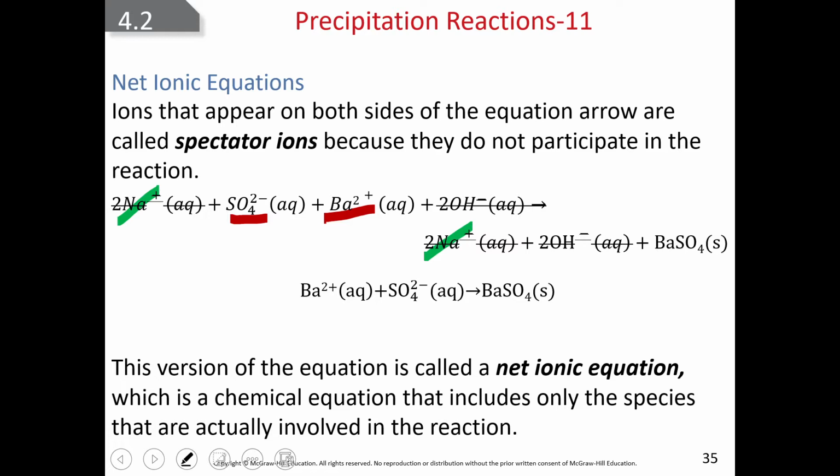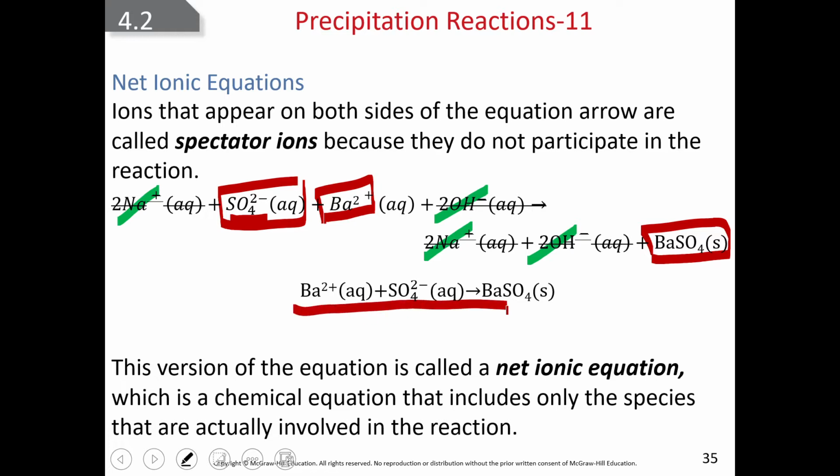There's no individual barium ion on the right-hand side, so it stays. Hydroxide, there's one hydroxide. Here's another hydroxide, both on the left and the right-hand side of the equation. So those go away. They cancel out because they're spectator ions. So what's left that did not cancel is my net ionic equation. And that's where we get our net ionic equation from.